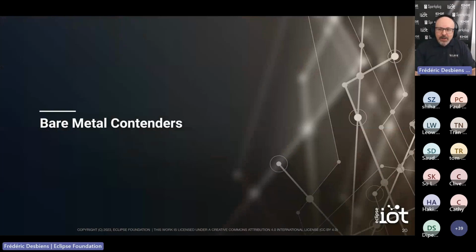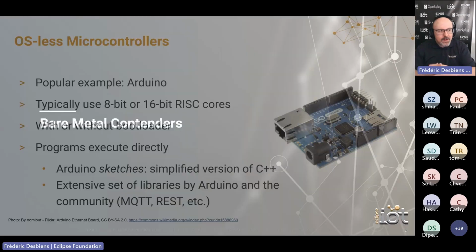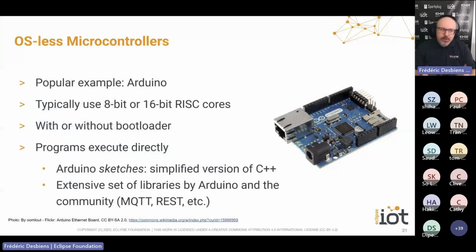Now, let's have a look very quickly at some contenders for bare metal frameworks. So, of course, one potential option is to use a microcontroller that can run without an OS, and a popular example of that is the Arduino family of boards. Typically, they use 8-bit or 16-bit cores with or even without a bootloader.